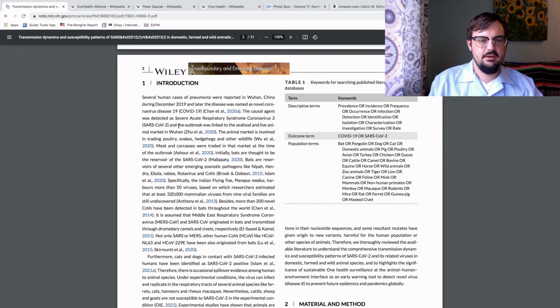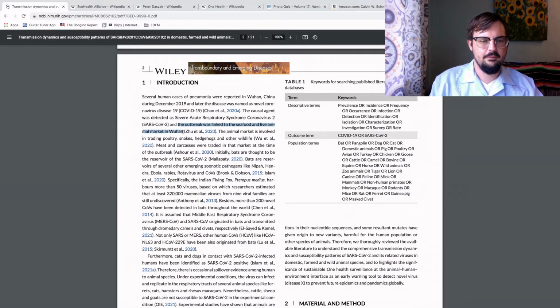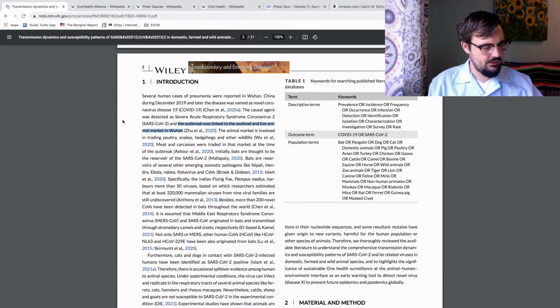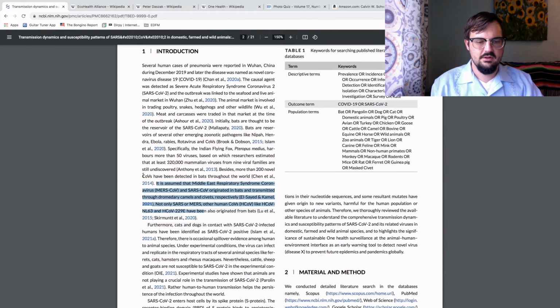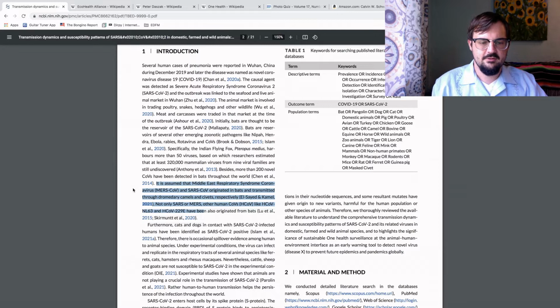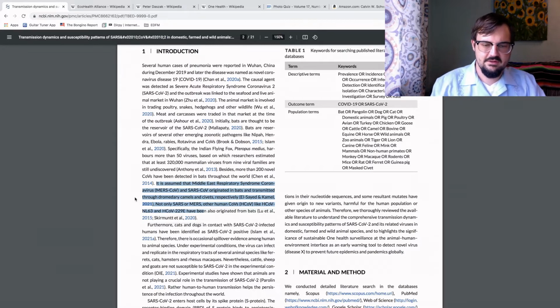Next claim, the outbreak was linked to the seafood and live animal market in Wuhan. Again, was it? Serious lack of evidence there. Okay, look at this. It is assumed that the Middle East respiratory syndrome coronavirus and the SARS originated in bats and transmitted through dromedary camels and civets, respectively. But I've covered that.